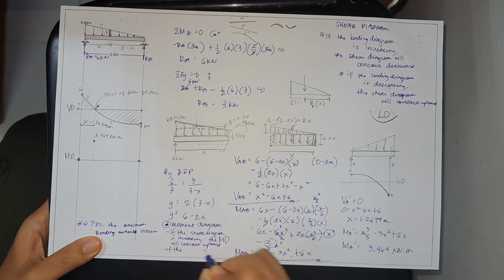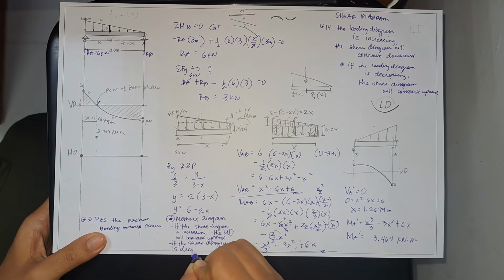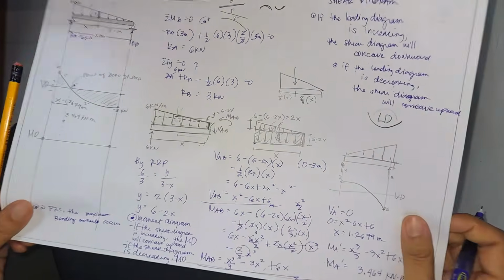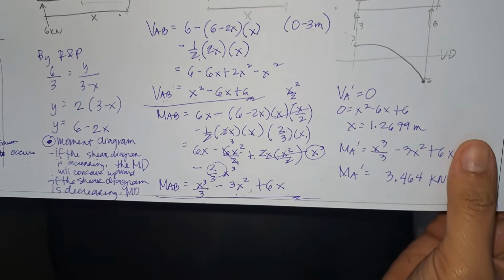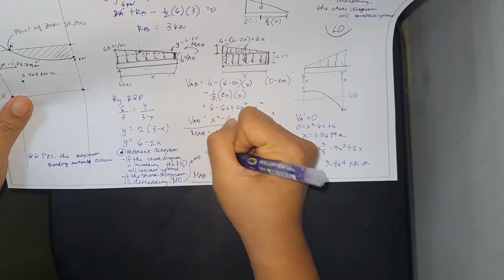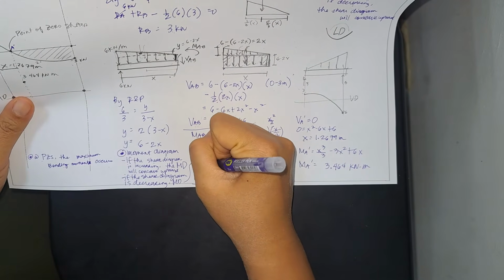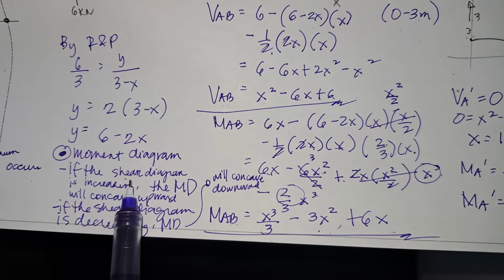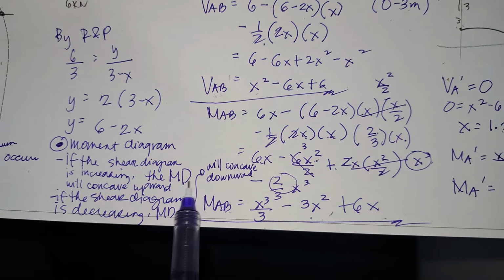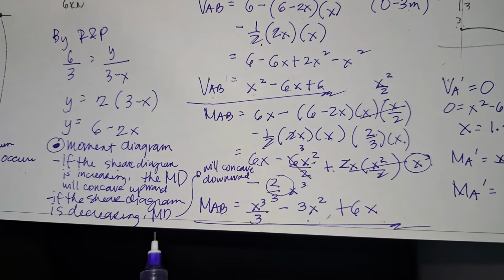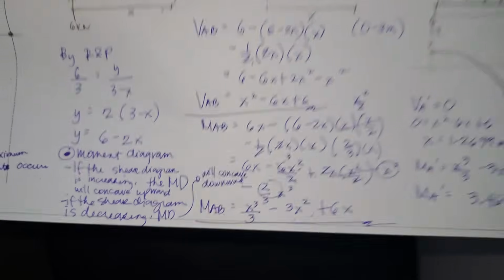And if the shear diagram is decreasing, the moment diagram will concave downward. Okay? For our moment diagram, guys, if the shear diagram is increasing, the moment diagram will concave upward. And if the shear diagram is decreasing, the moment diagram will concave downward. So, paano naman yan?